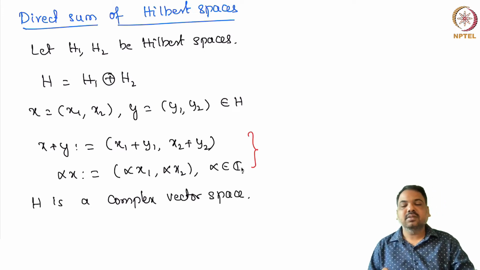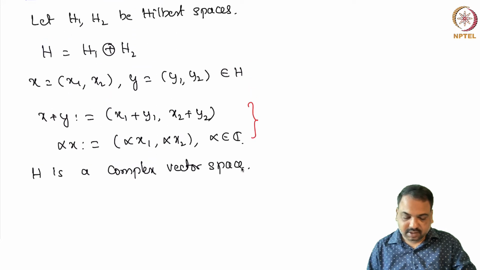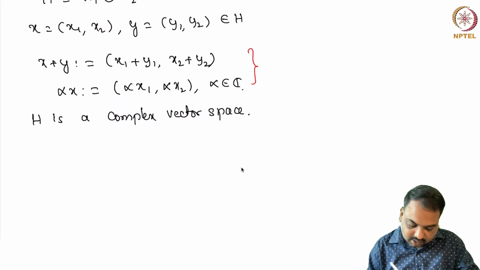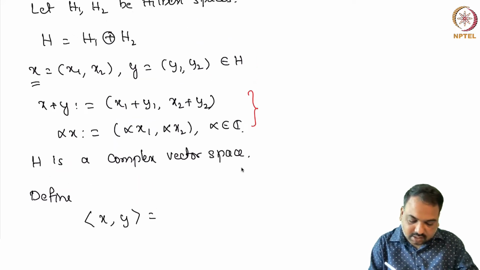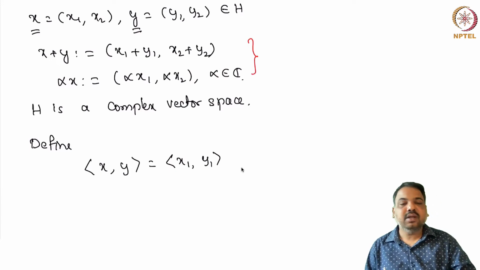You want to make this an inner product space, in fact a Hilbert space. Okay, so let us define a new inner product of x and y, where x is this and y is this. This is the inner product of x1 with y1, where x1 and y1 are coming from H1, plus the inner product of x2 with y2.